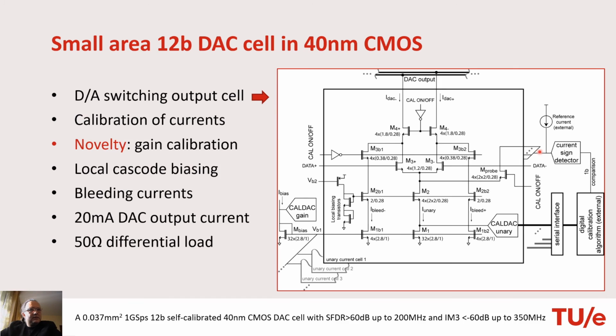As you can see, the current comparator here subtracts a reference current, and then the difference between this current and the reference goes to a current sign detector, which can detect 1 bit of information: either the difference current flows in or flows out.